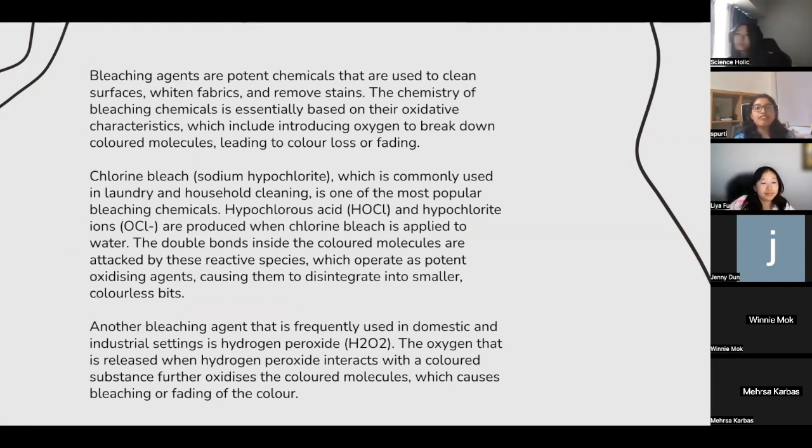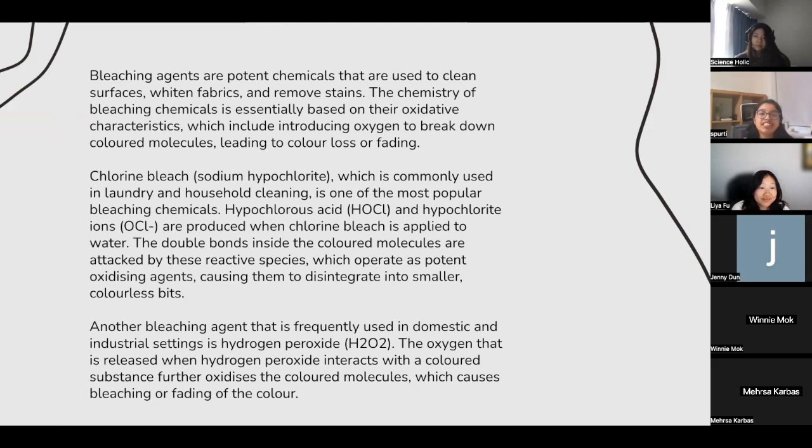And now about bleaching agents, which are potent chemicals that are used to clean surfaces, whiten fabrics, and remove stains. The chemistry of bleaching chemicals is essentially based on their oxidative characteristics, which include introducing oxygen to break down colored molecules, leading to color loss or fading.